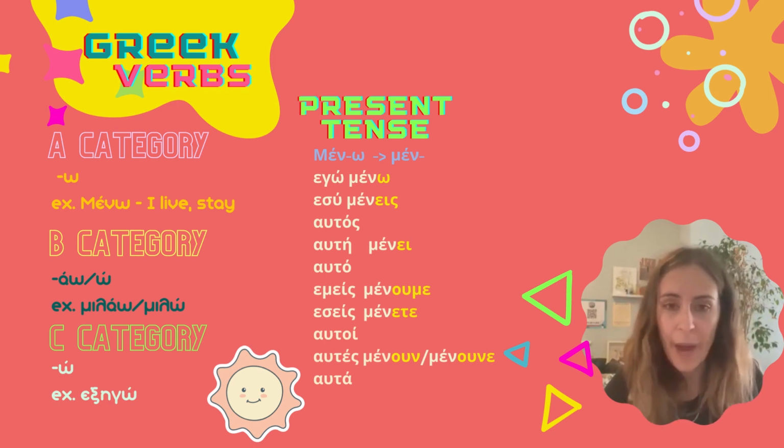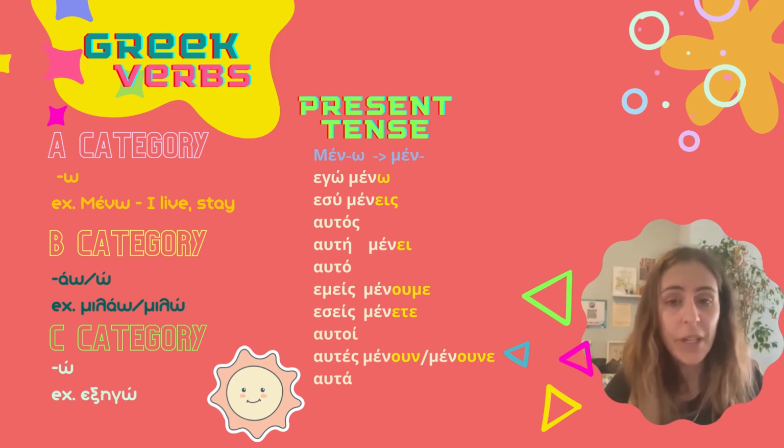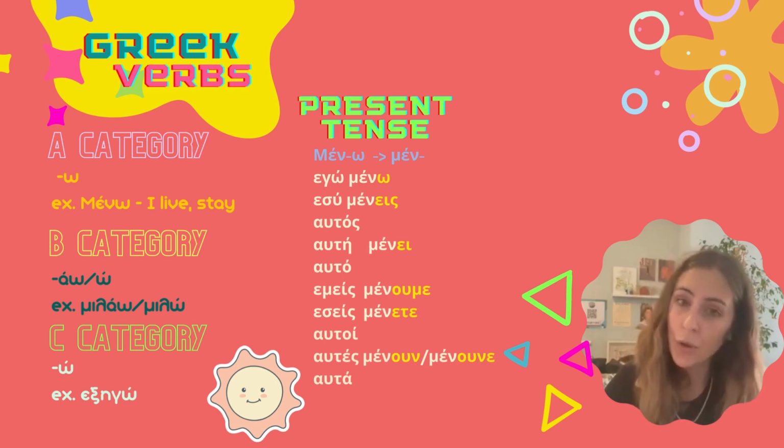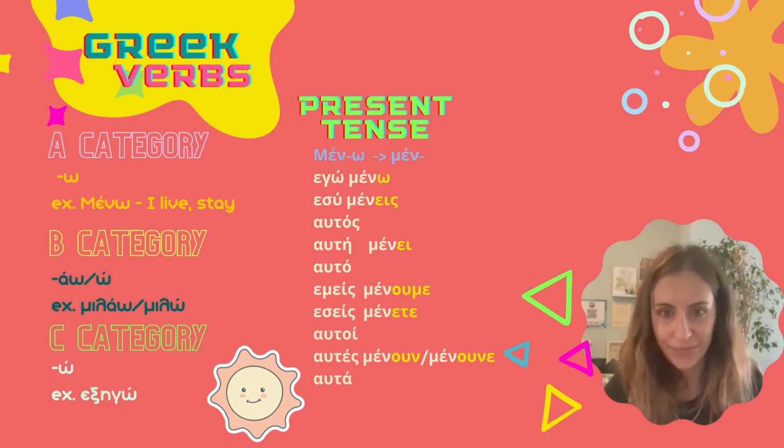We also have past simple, past continuous, future simple, future continuous, present perfect, past perfect, and future perfect. And sure, we have active and passive voice, subjunctive and imperative. Now, I'll start from scratch, from present tense.